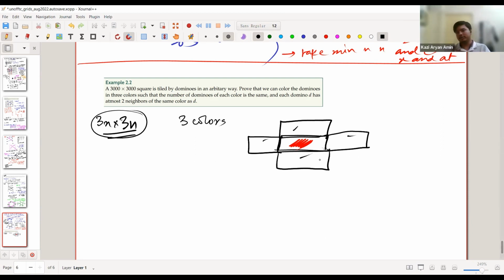So any ideas on this? We want a 6n by 6n square, right? I think it should be true for, is it not? Oh yeah, sorry, of course, it has to be even.